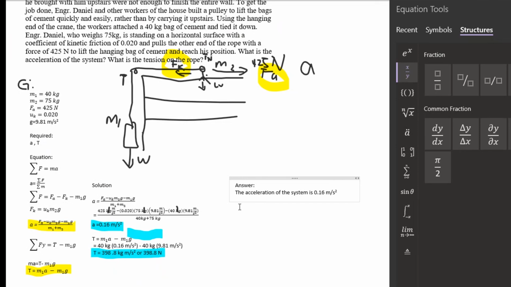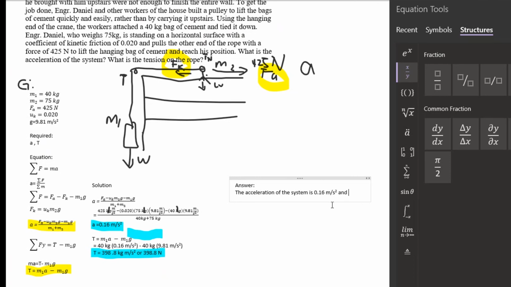It is based on the given quantities, wherein there are two objects: the 40 kilogram hanging object and the 75 kilogram body that is exerting 425 newtons. And there's also the presence of 0.020 kinetic friction. So for the total acceleration of the system, we have 0.16 meter per second squared.